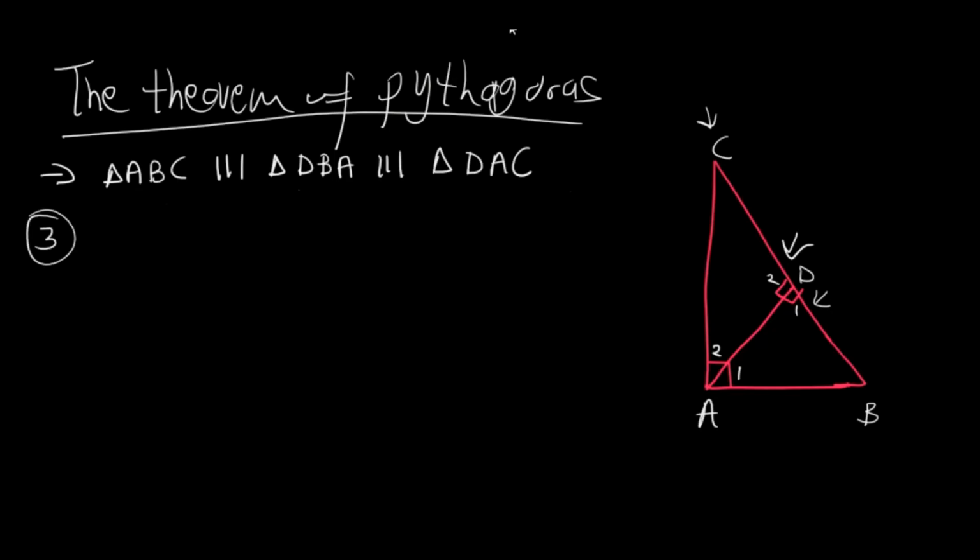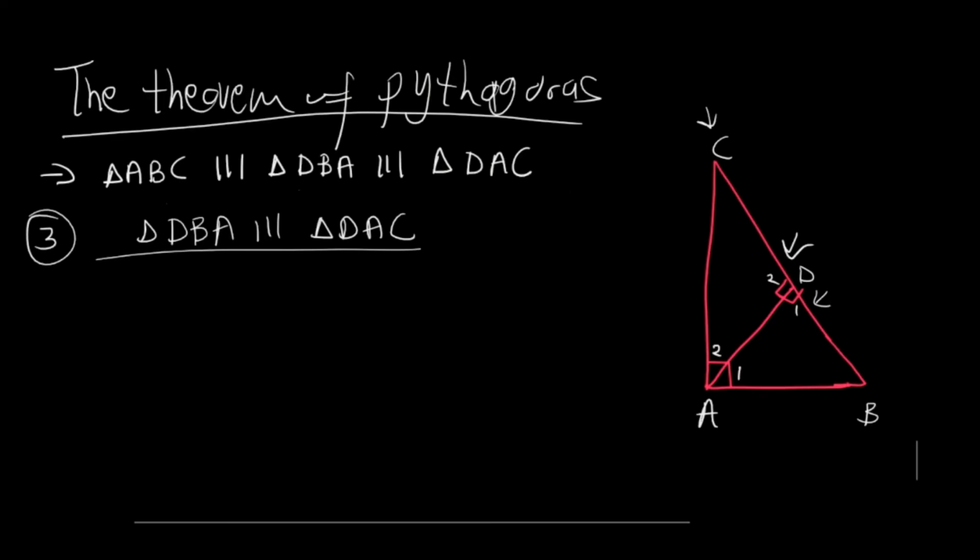The third one, we're going to look at triangle DBA with triangle DAC. To develop the third one, we're going to say DB, which is this portion here, will be divided by DA, not the political party.